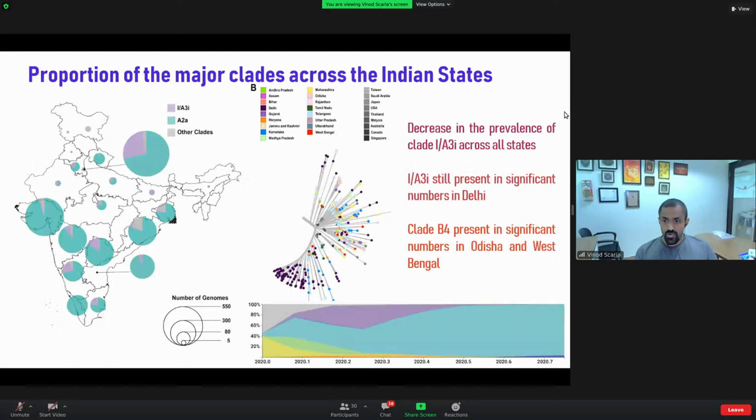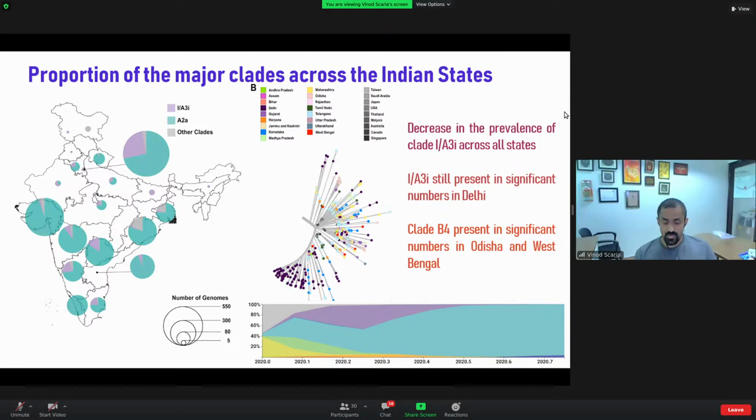Now, what we could identify as this particular genetic lineage came from a super spreader event. You can trace back the origin by the kind of tracing that I sort of mentioned before. And this was prevalent across many states in the country, the largest proportions from Delhi and states like Telangana and Andhra Pradesh, where there were a minority population.